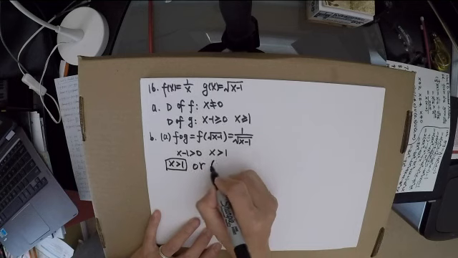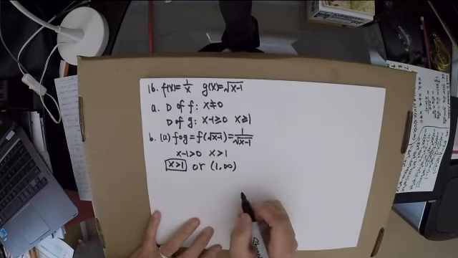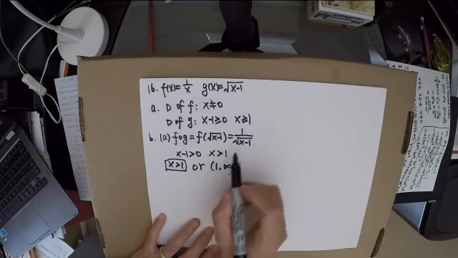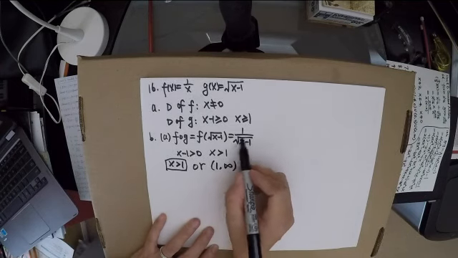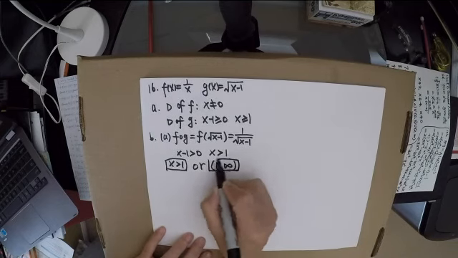Or you write it as 1 to positive infinity, not including 1, because if x equals 1, it makes this 0, which is not allowed. So not equal to 0, or not equal to 1, sorry.